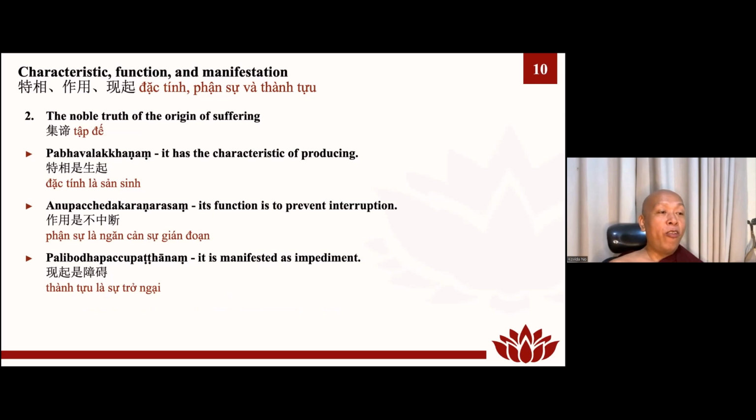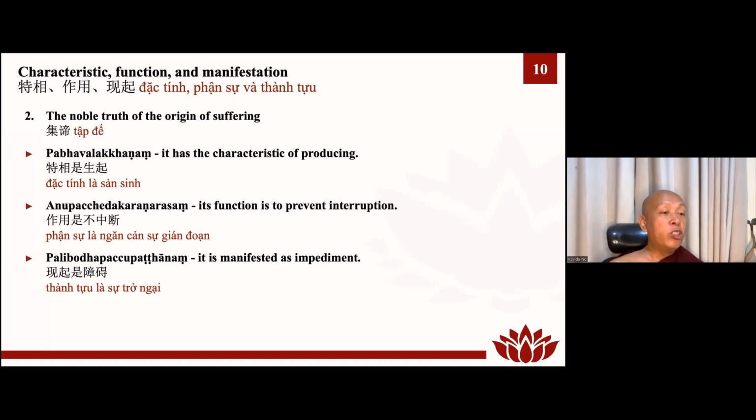The noble truth of the origin of suffering. Bhava lakkhanam, it has the characteristic of producing. So that means it will produce aggregates, it will produce bases, elements, faculties. Then again, anupacchedakarana rasam.